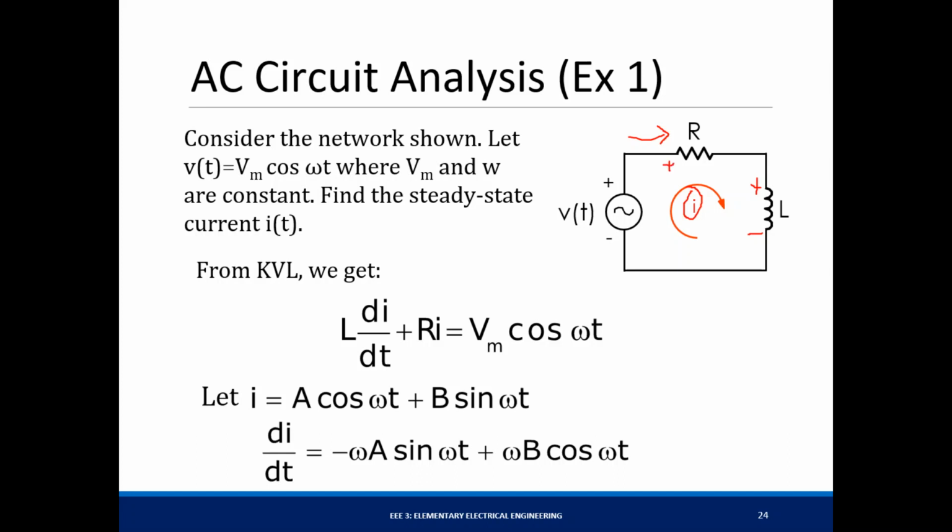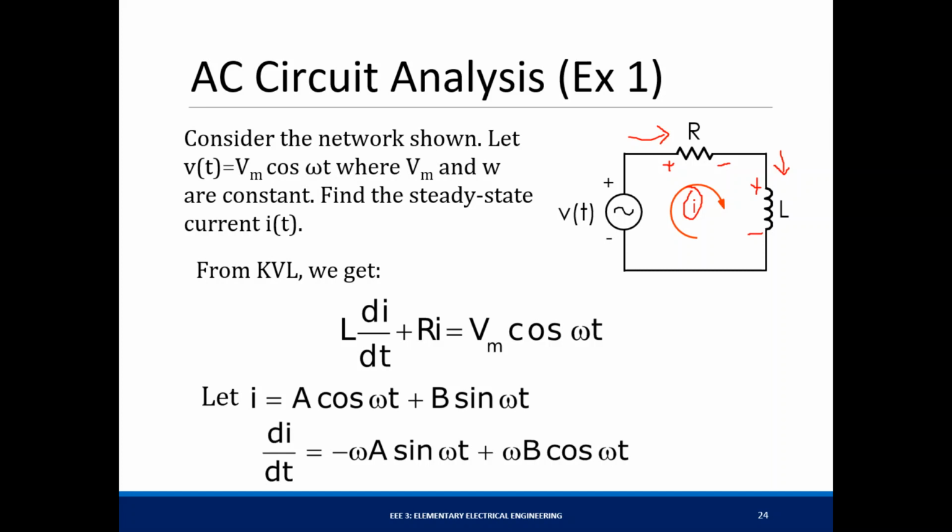Then the voltages across each of the elements would look something like this. I forgot to note: the flow of the current across the inductor and the capacitor defines the polarity of those elements, just like the resistor.